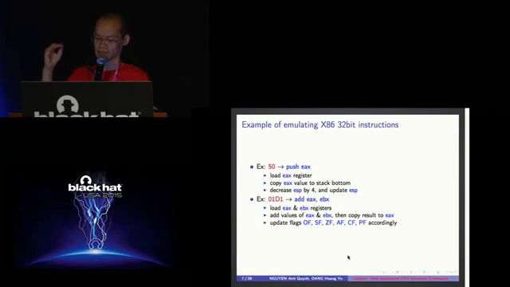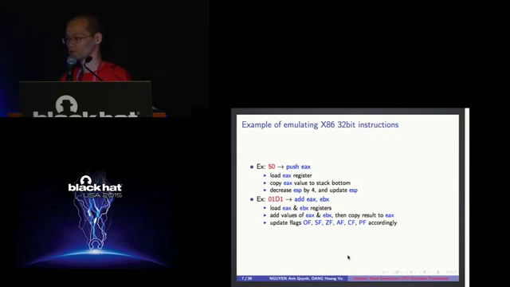And finally, it decreases the stack pointer by 4 and updates it back, right? Another example: if the emulator sees C01D1, it decodes this into an add instruction. After that, it loads the EAX and EBX registers, adds them together, and copies the result into EAX. And finally, it needs to update the flags register. So you can see that's all the work that a CPU emulator does.